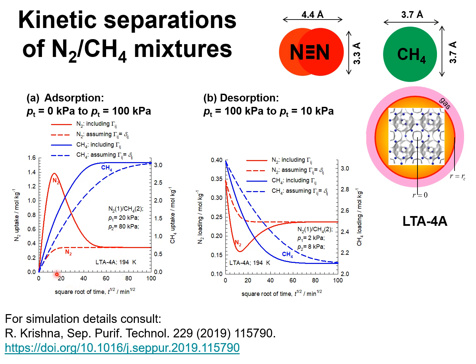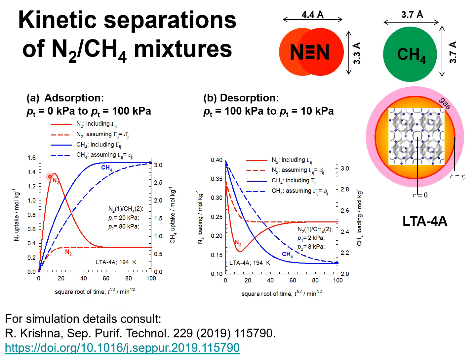And as explained in my foregoing video presentation, nitrogen experiences a significant overshoot as it equilibrates within the crystallite. Methane, on the other hand, approaches thermodynamic equilibrium in a monotonous manner.